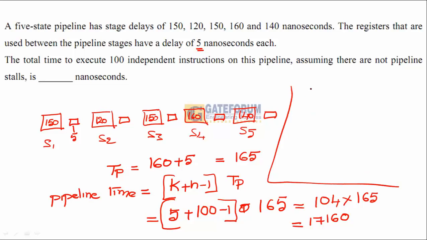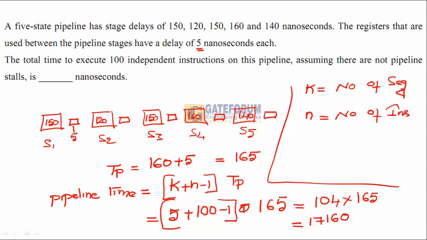For your flexibility, I'm writing here that K is equal to the number of segments, and N is the number of tasks or instructions. And how to calculate the pipeline time? The pipeline time is given by the formula K plus N minus 1 into TP.